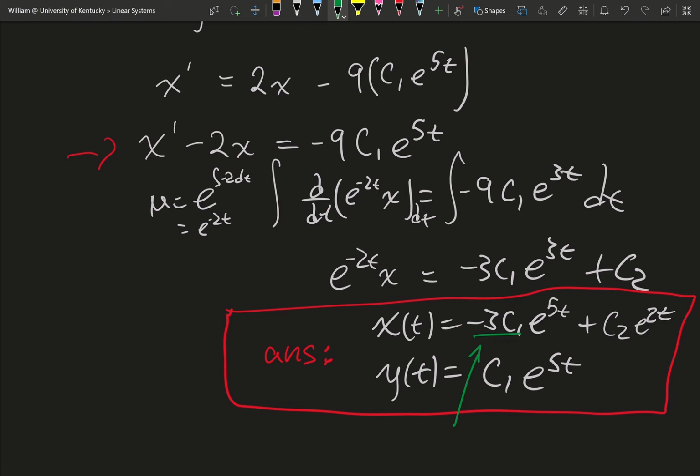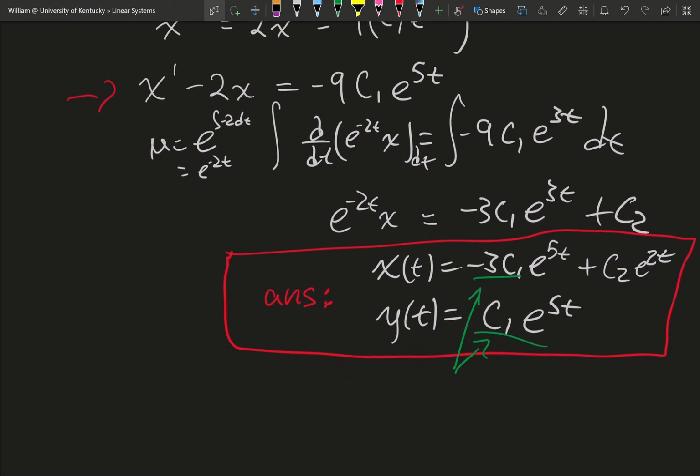If it's an arbitrary constant, we have to be real careful about that here, because even though c1 is an arbitrary constant, it shows up in two places. So if we change it in one place, we have to also change it in the other. If we did want to absorb that inside, we could, but it probably wouldn't make our final answer easier.